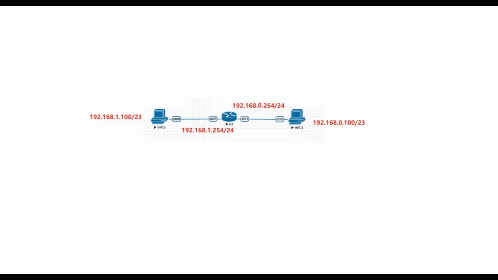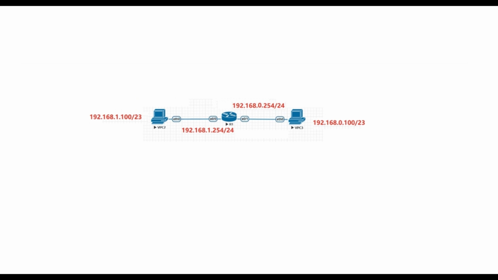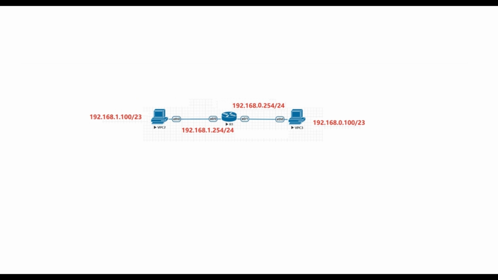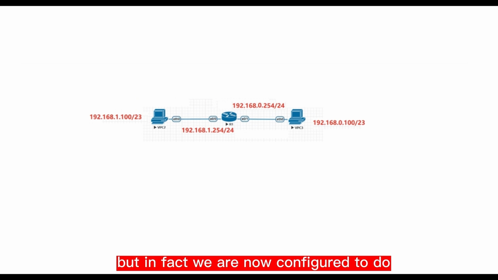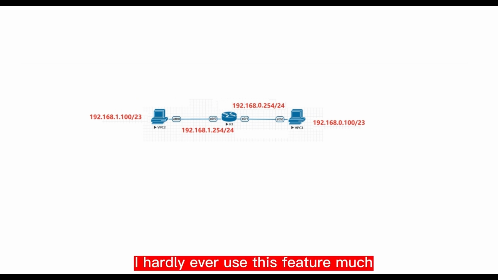Only, nobody uses that anymore. For now, it is not very common that the host does not have a gateway. Although this feature is very useful and can solve the corresponding problems, I hardly ever use it.